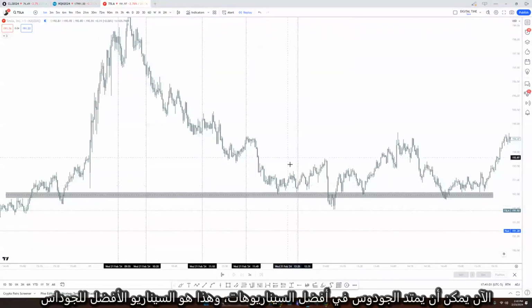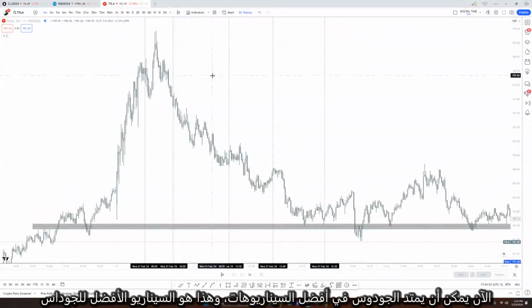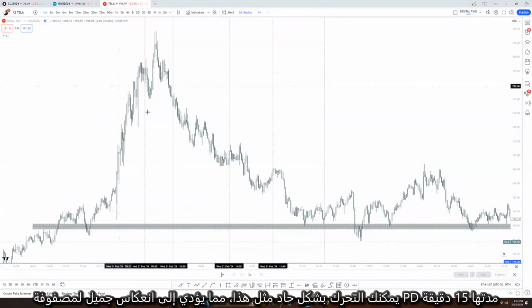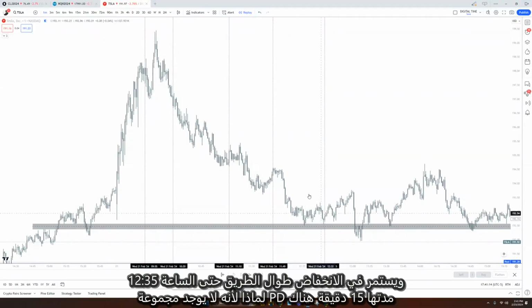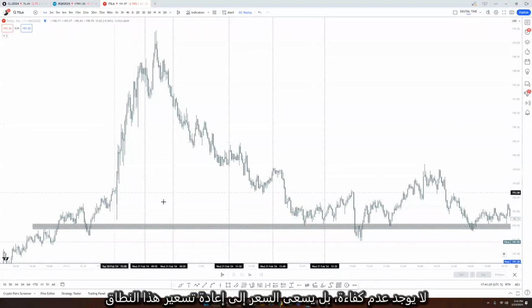Now, Judas can extend in best case scenarios. This is a best case scenario for Judas. You get a sharp move like this, taps into a 15-minute PD array, beautiful inversion, and keeps trailing all the way down until 12:35. Why? Because there's no 15-minute PD array. There's no inefficiency.